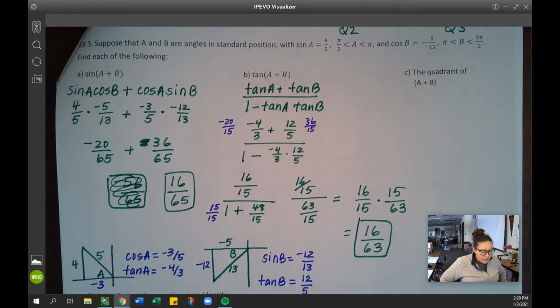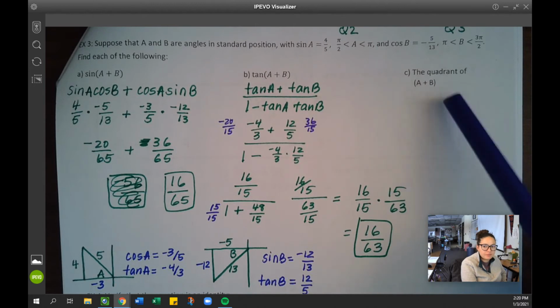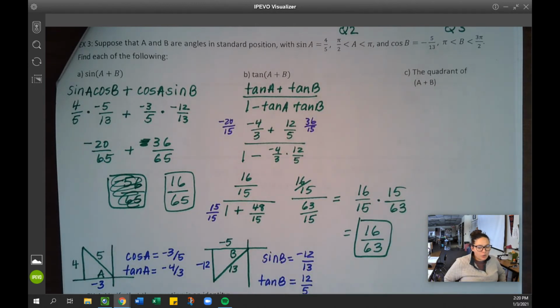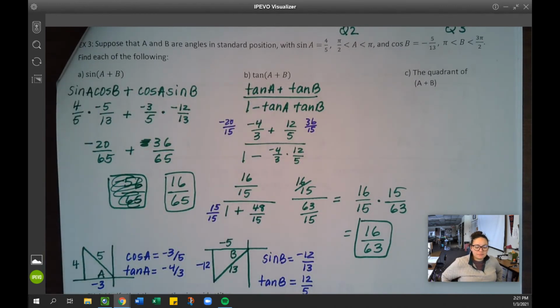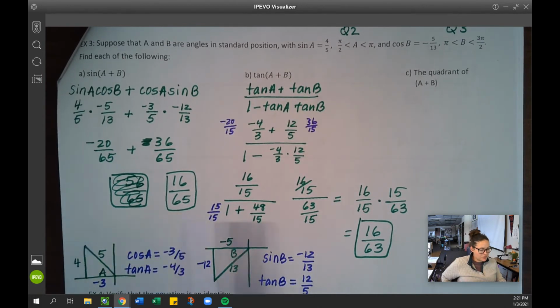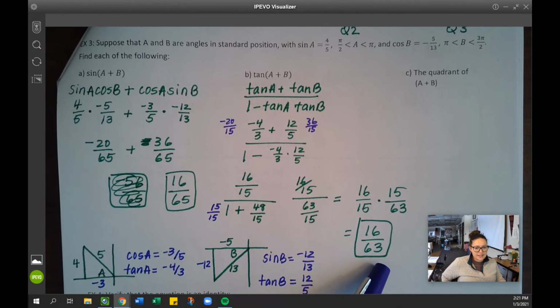The quadrant of A plus B. How are we going to know the quadrant of A plus B? Well, what do we know about A plus B? We know its sine, and we know its tangent. We know its sine is 16 over 65, and we know its tangent is 16 over 63, which are both positive. So if both the sine and the tangent are positive, the only possibility is that it's in quadrant 1.